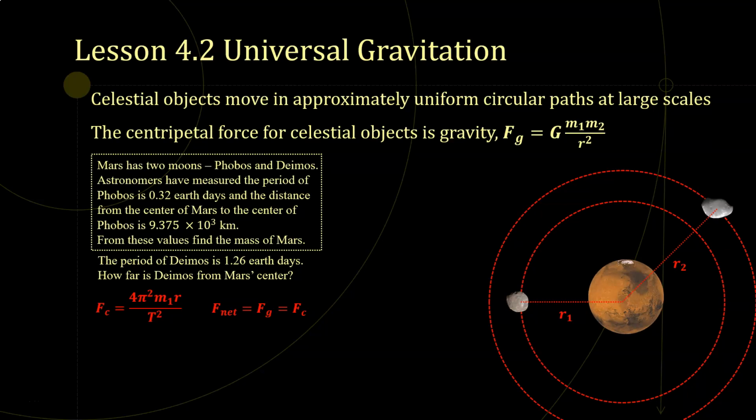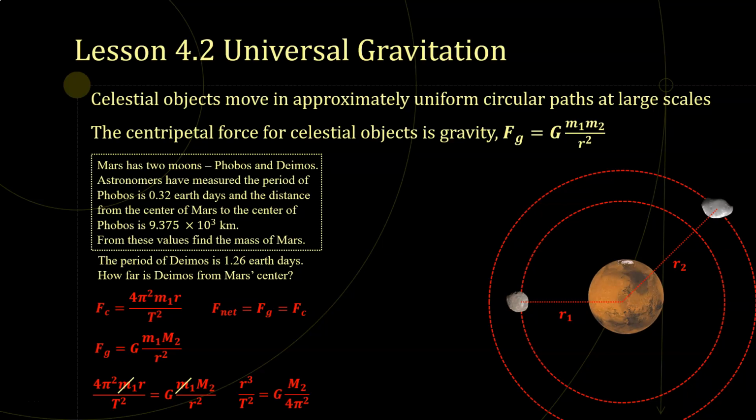So once again, I can bring in my universal gravitation equation and set these two expressions equal to one another. And once again, the mass of the satellite, the smaller object, doesn't matter. It's going to cancel out on both sides. Now let's just write this equation out a specific way. I'm going to multiply both sides by r squared to get r squared off the right side and on the left.